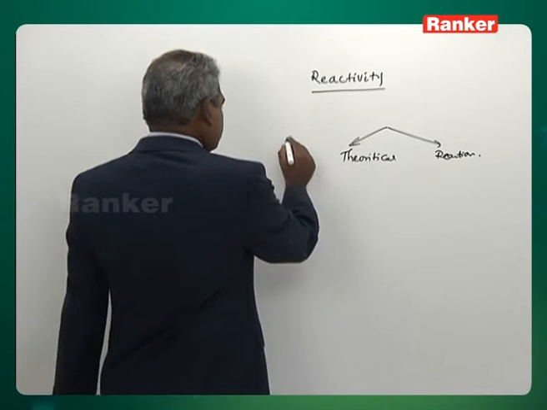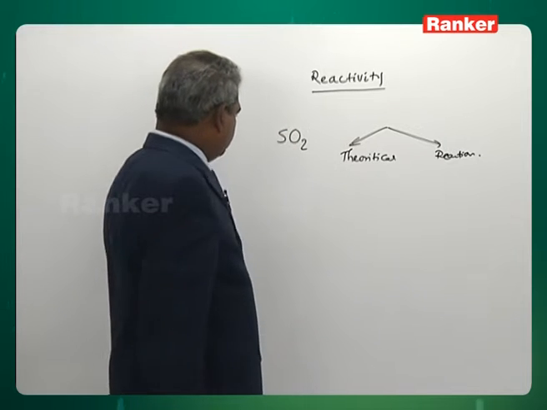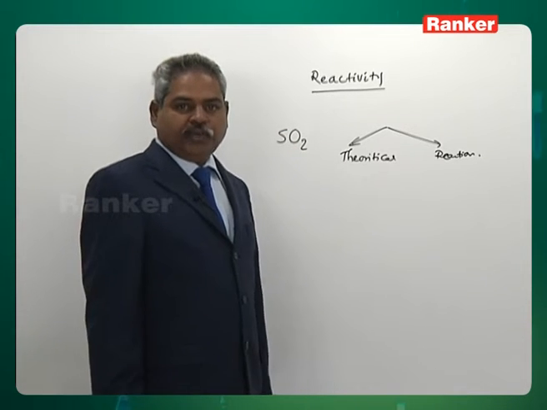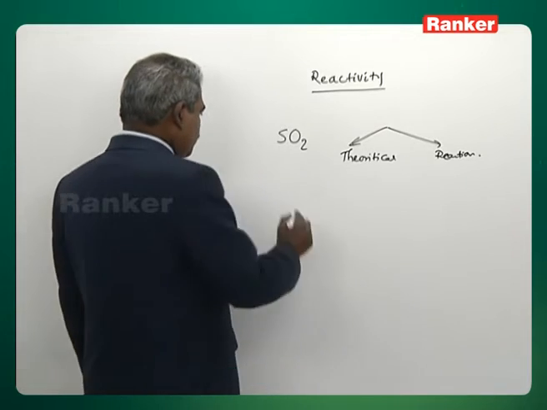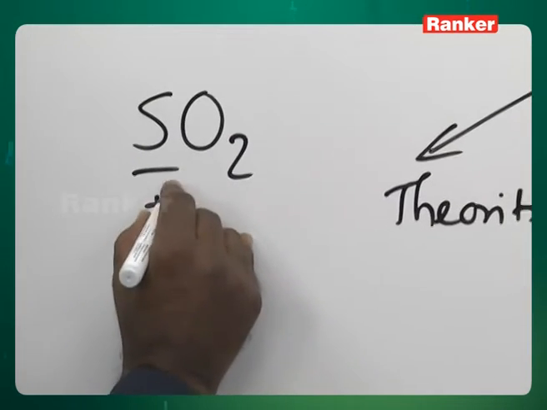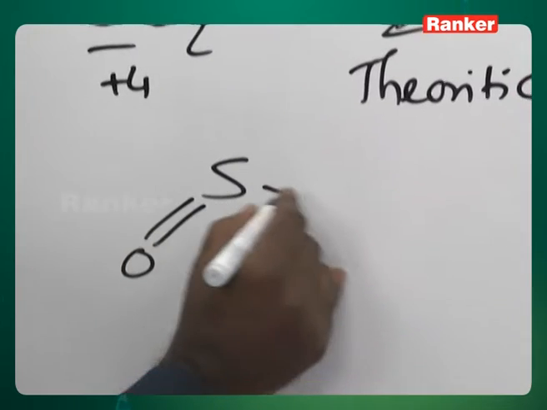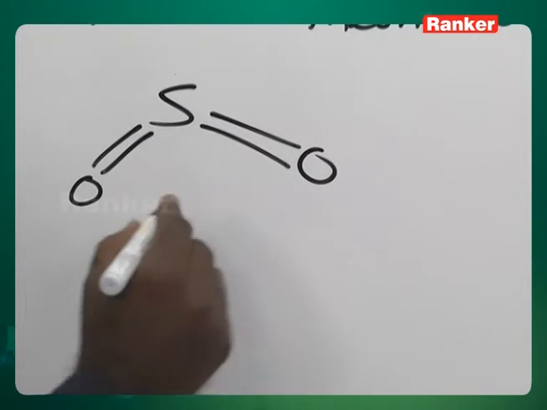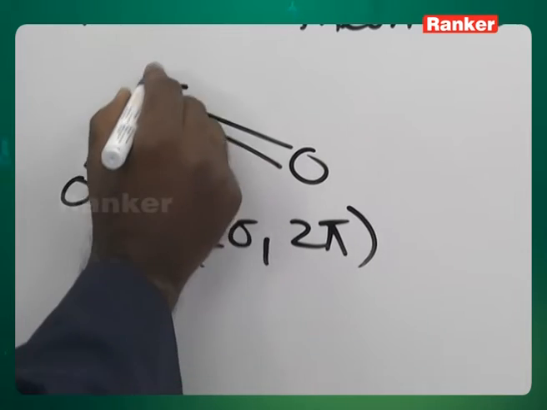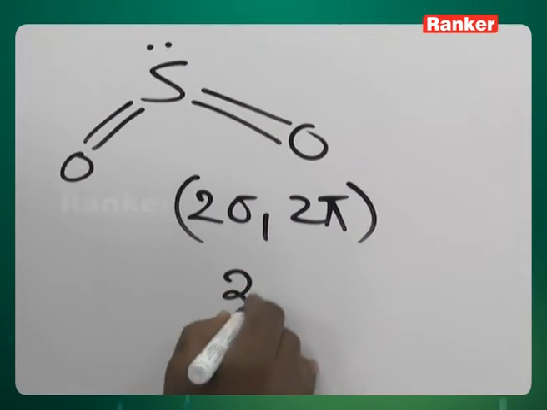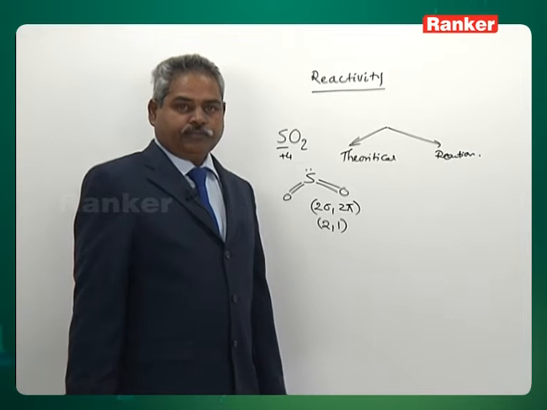For instance, in our earlier classes, we have discussed SO2. So many things about SO2 we discussed. To start with, the oxidation state of sulfur is plus 4, and the structure is double bond O, double bond O. It has 2 sigma bonds and 2 pi bonds, and sulfur has a lone pair, 2 bond pairs and 1 lone pair, therefore it has a bent structure.